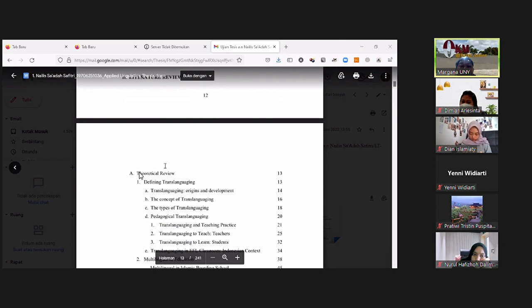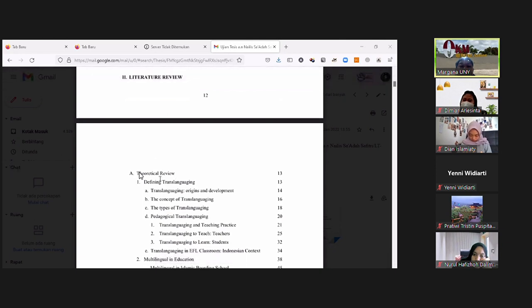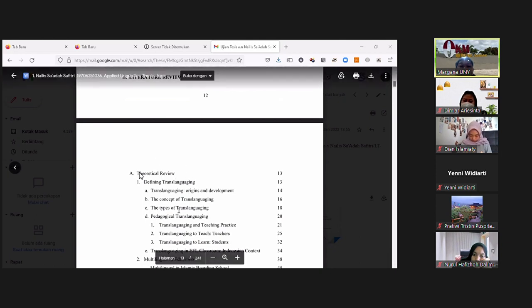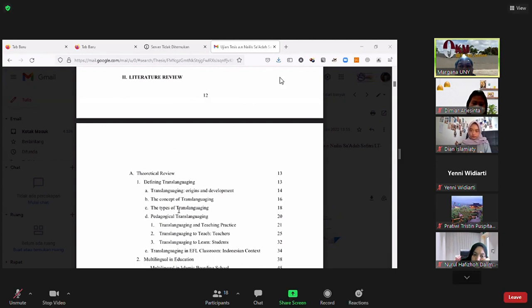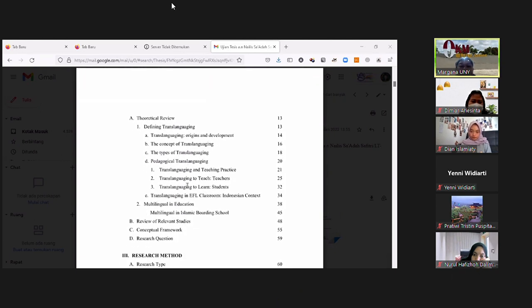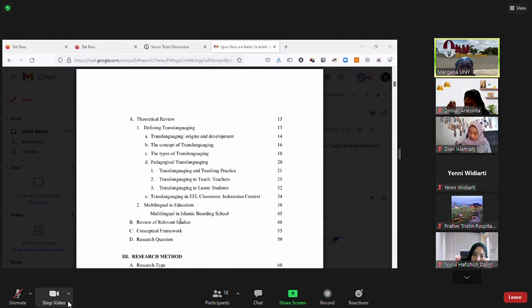Then we have theoretical review, defining translanguaging, defining task group strategy or technique, as mentioned by your friend, and then speaking. It depends on the keywords that exist in the problems, micro language skills, macro language skills, and the like, everybody. Then you have a review of relevant studies.